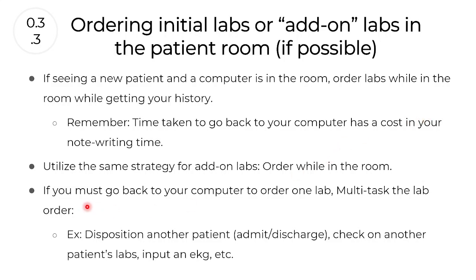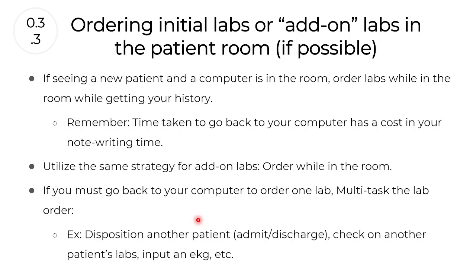So if you must go to your computer to order one lab, I would say try as much as possible to multitask the lab order. Of course, this isn't always possible, but try. So for example, if you go back to order a CTA chest on a patient who you had just put some basic chest pain orders on, well, just look quickly through and see if there's another patient you can print discharge paperwork for, or if a lab is back for a patient that'll make you make a critical decision in terms of the next step.